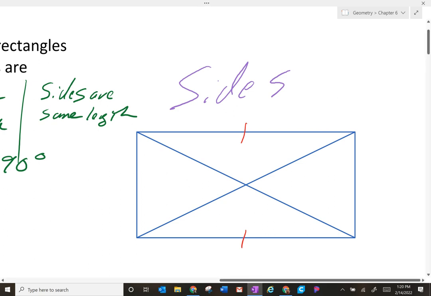So I'm going to make this little hash mark to show they're the exact same length. Okay? The other two sides, these ones, are going to be the same length as well.